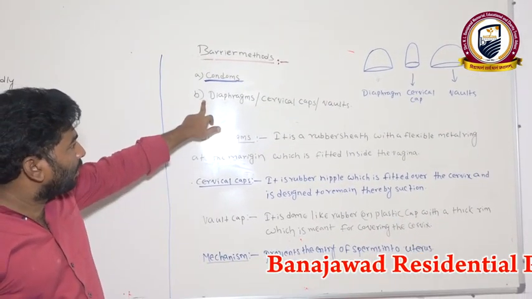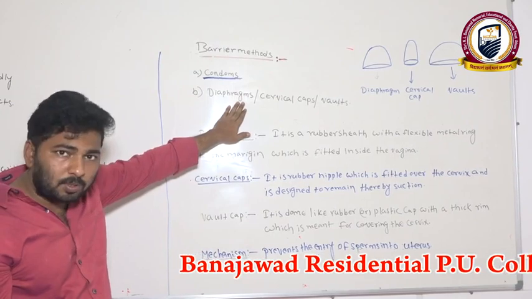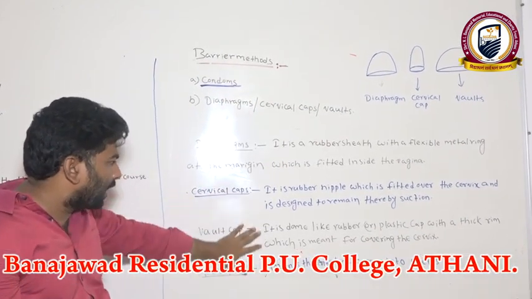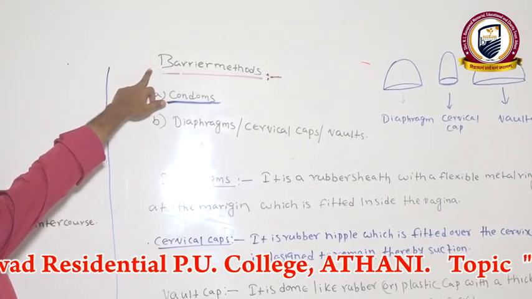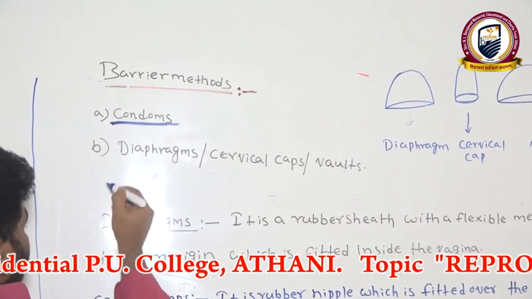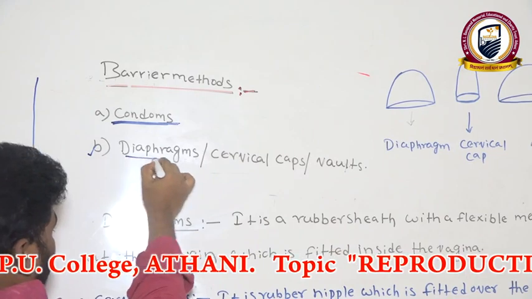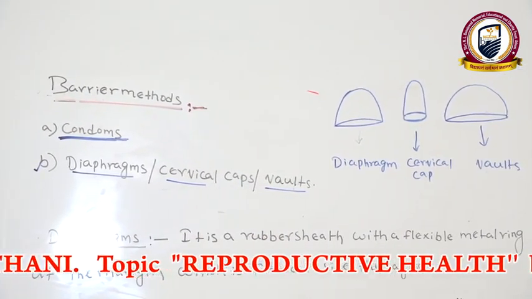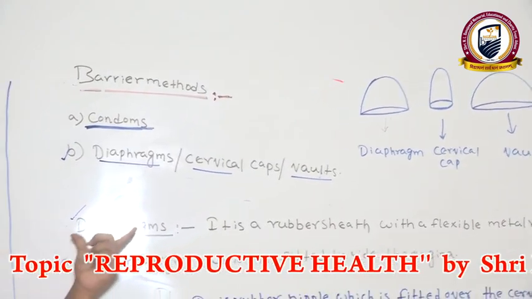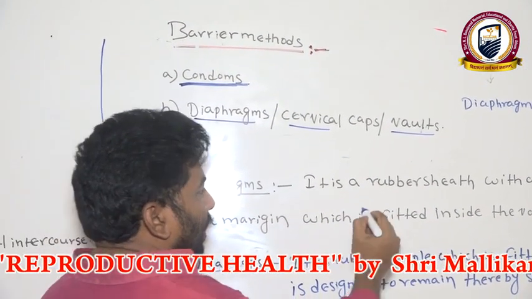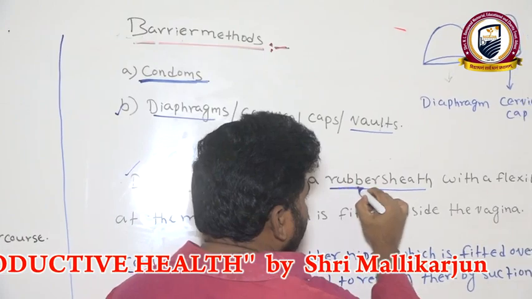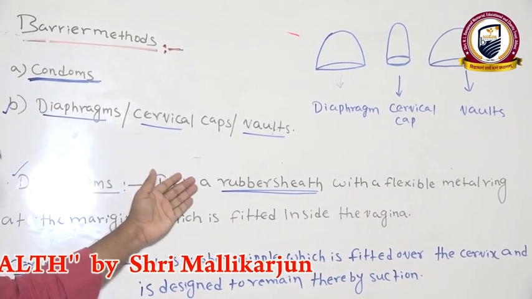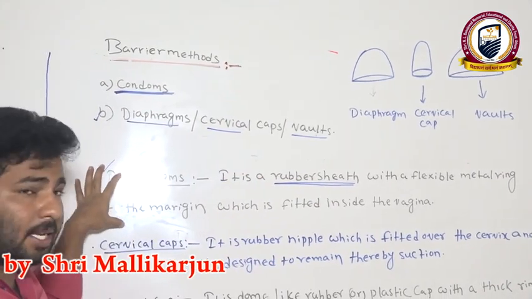Now the next one: diaphragms, cervical caps and hole caps also belong to the category of barrier methods. In this category, that is diaphragms, cervical caps and hole caps, we will discuss one by one clearly. What are diaphragms? A diaphragm is a rubber sheath like a condom, but the shape of this material is different.